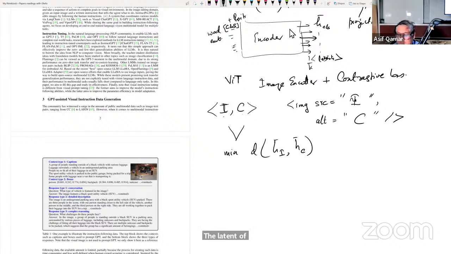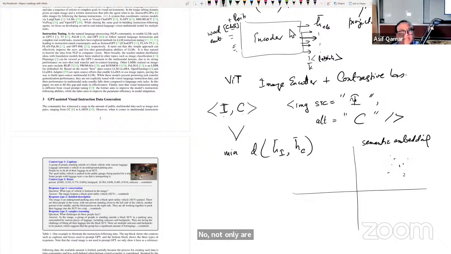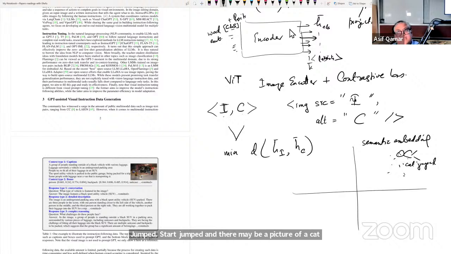And that makes total sense because if you do that, now what happens is, going back to our semantic embedding, now not only are texts sitting here as texts that mean the same thing, but also images. For example, this would be the cat jumped, and there may be a picture of a cat jumping. Right? These two things then come together. So what CLIP opens the door to is multimodal.